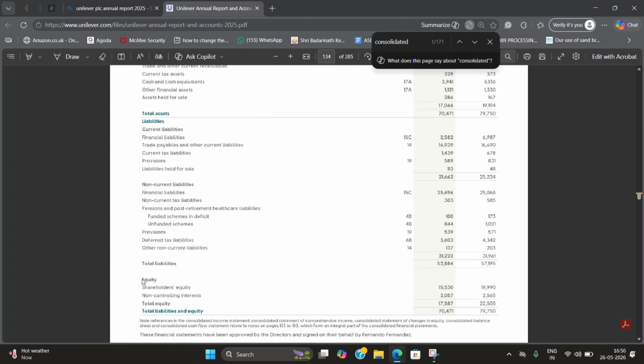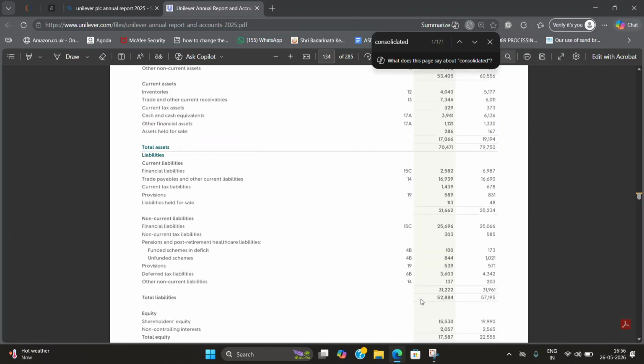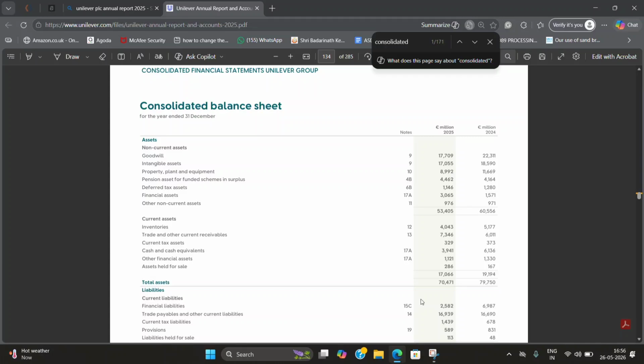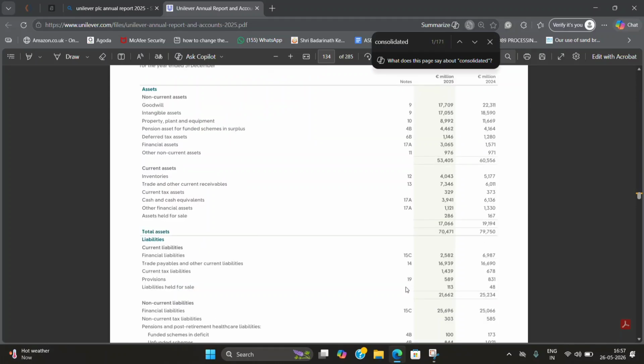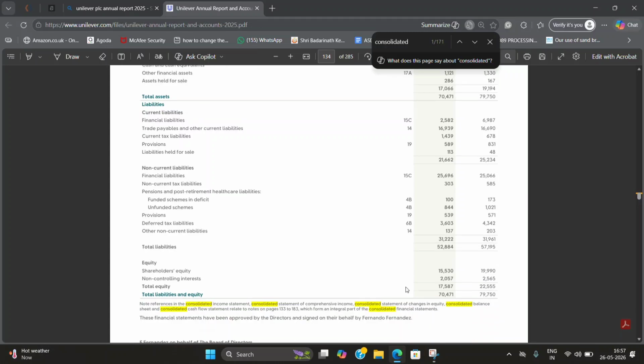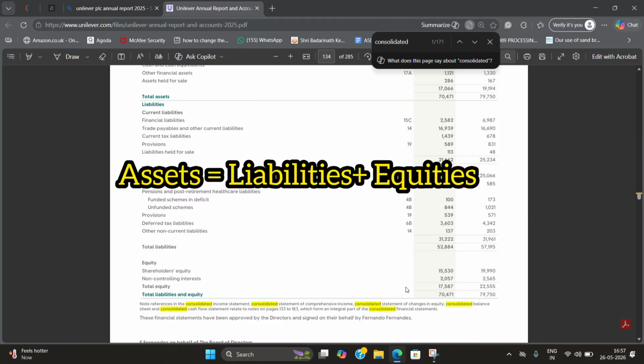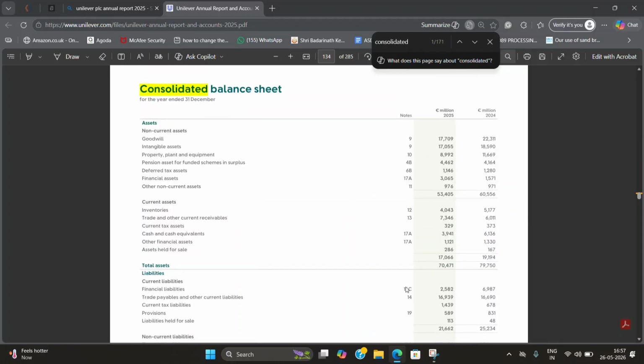After that, there is a separate equity section where the total amount of equity of the chosen organization is written for 2 consecutive years, 2025 and 2024. It always has to tally: the asset side and the liabilities plus equity side must tally, and that is how you understand that the values are correct and authentic. Okay, so this is the consolidated balance sheet.